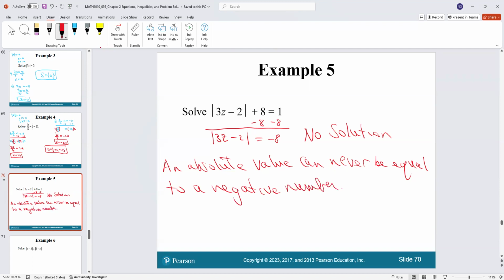That cannot happen, all right? Every time you see absolute value equal to a negative number, you know there is no solution.